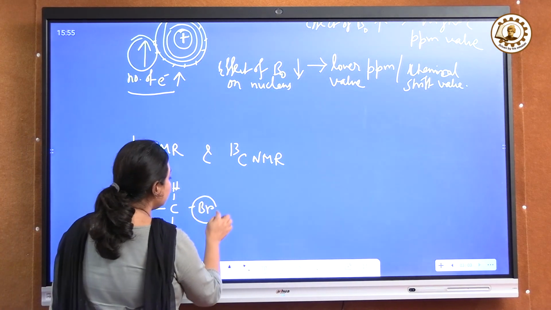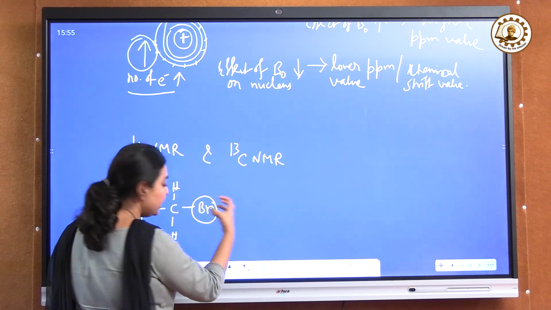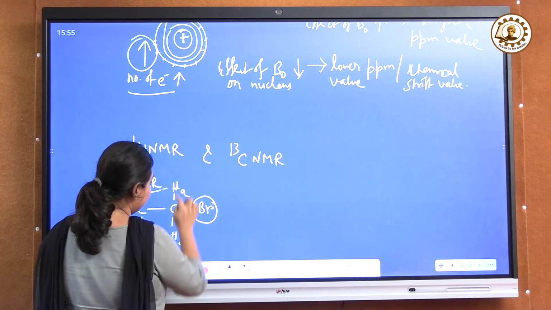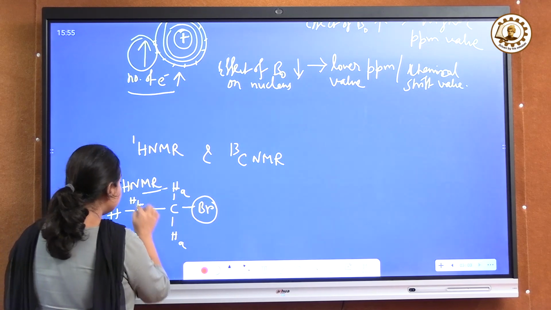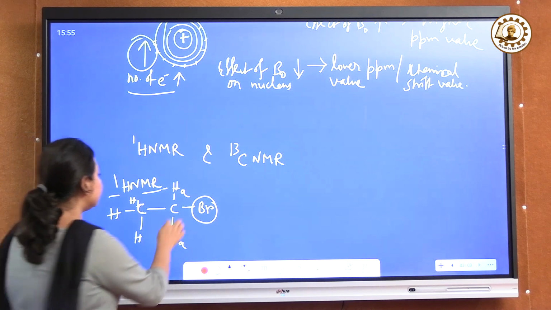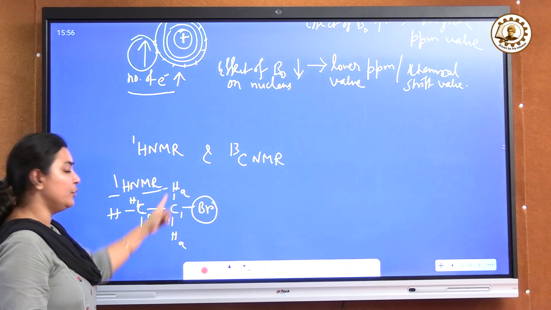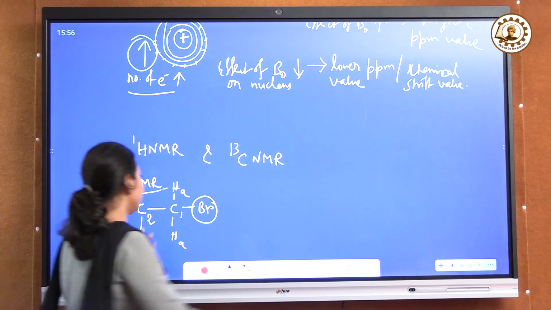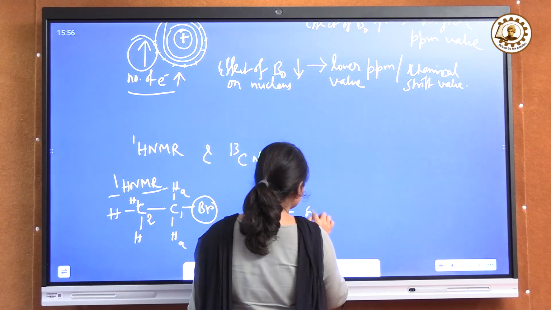But due to the presence of bromine, which has a minus I effect, it will pull the electron cloud to itself. So these 2 protons will give 1 signal, and these 3 protons will give another signal. Let's say this is C1 and this is C2. In case of C1, 2 hydrogen atoms will give 1 signal, and in case of C2, 3 hydrogen atoms will give another signal.